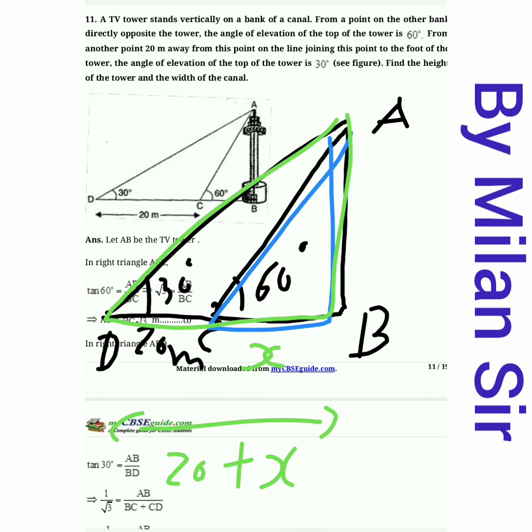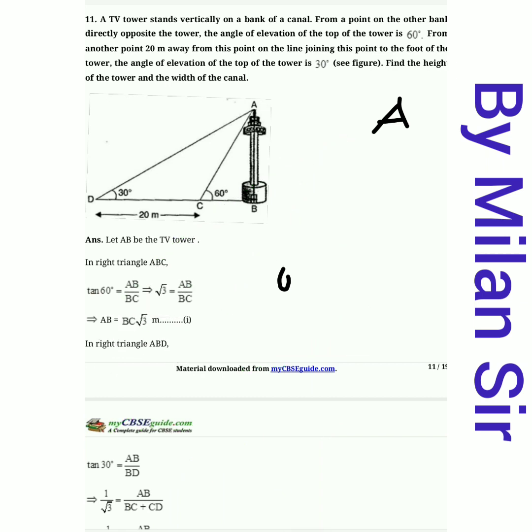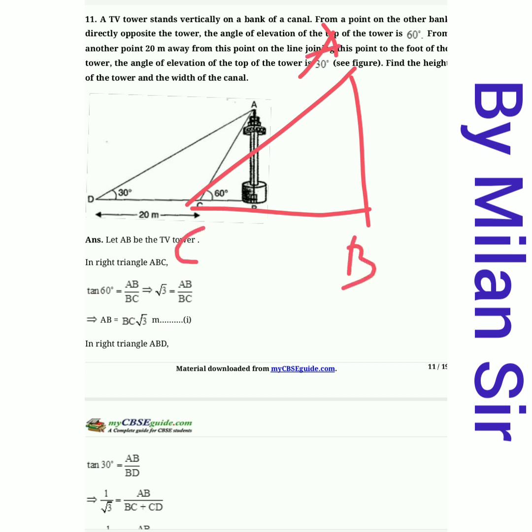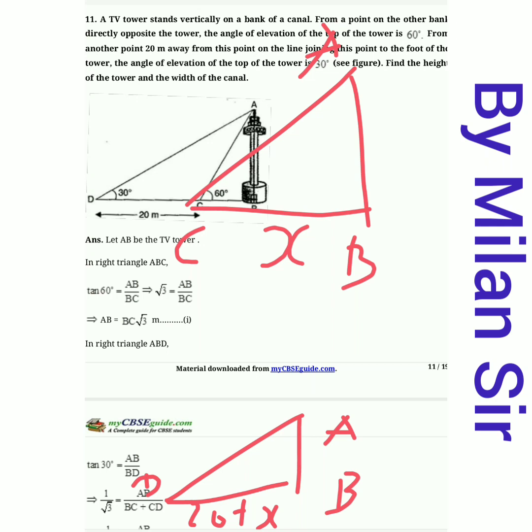Now draw the two triangles separately. One is ABC and one is ABD. Here 20 plus X, here X, here 30 degree, here 60 degree. In both these triangles, we don't know any side of the right angle triangle, right?